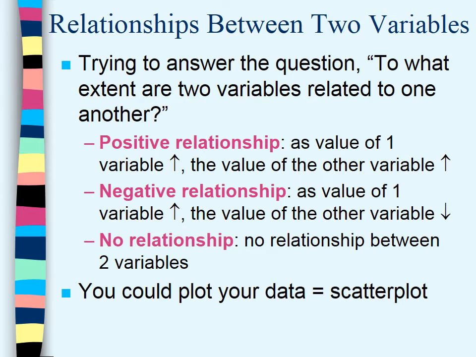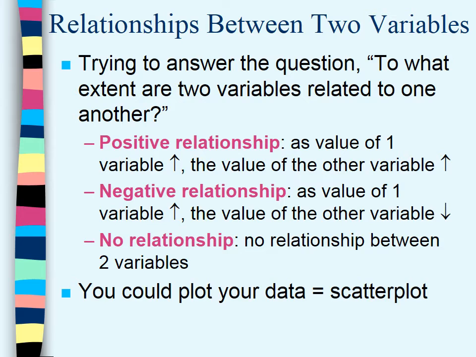So they are positively working together. Whereas in a negative relationship, if the value of one increases, the value of the other variable decreases. And if there's no relationship detected between the variables, then there's no relationship.